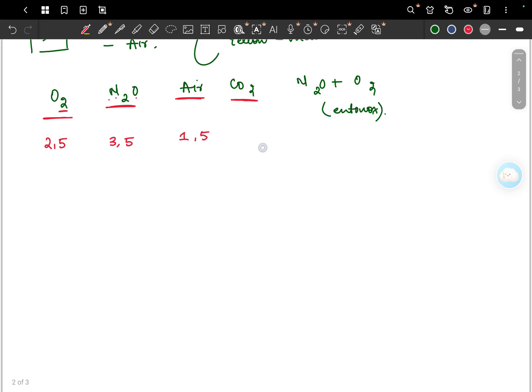Then carbon dioxide, just forget about it for a few minutes. This will be 7, it is like the highest thing. And carbon dioxide is 1, 6, 2, 6. So this is how you can remember them. So 1, 6 means greater than 7.5%, and this is less than 7.5%.